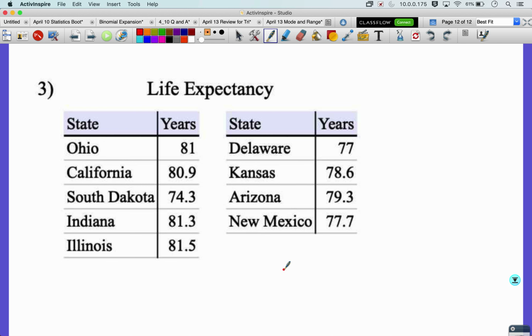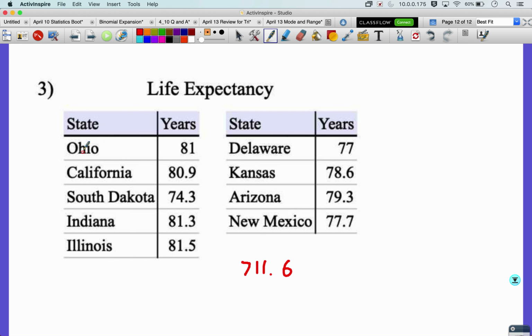So I'm going to do 81 plus 80.9 plus 74.3 plus 81.3 plus 81.5, 77 plus 78.6 plus 79.3 plus 77.7. So I can just do that all in one line in my calculator and I get 711.6.